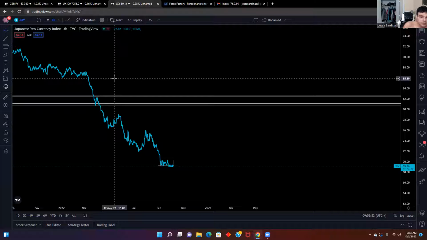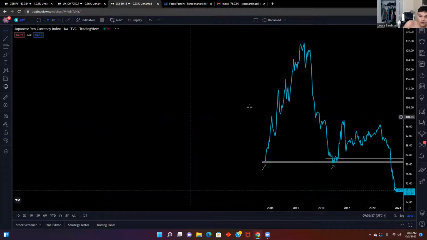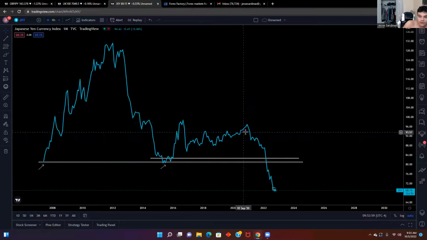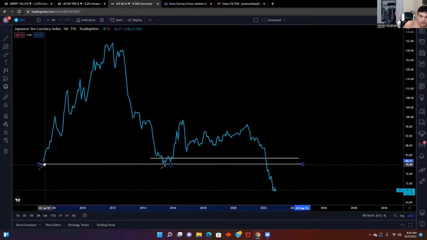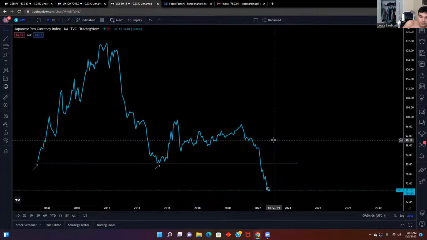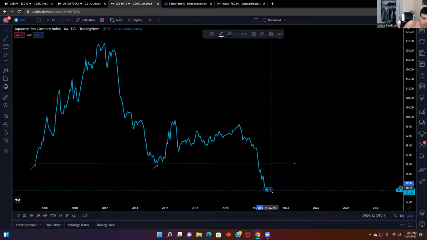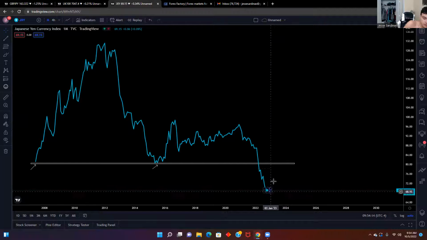As you can see, the yen has been super weak for a very long time now. We've been free falling. These were the all-time lows that I have mapped out here.